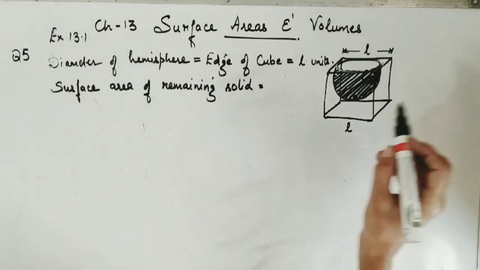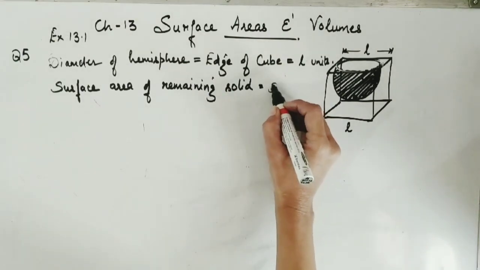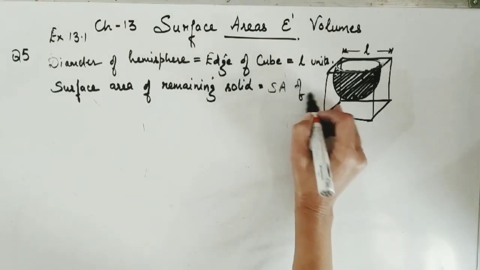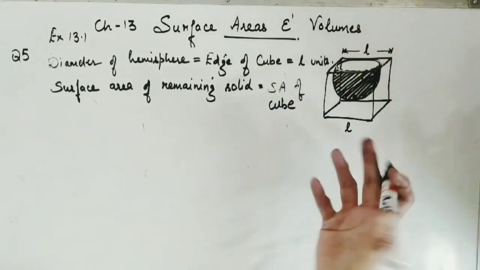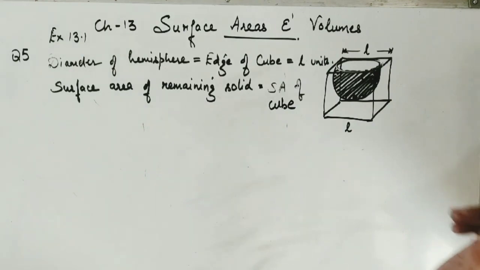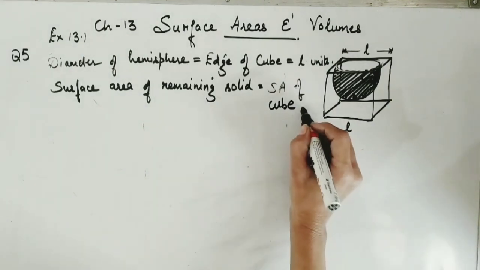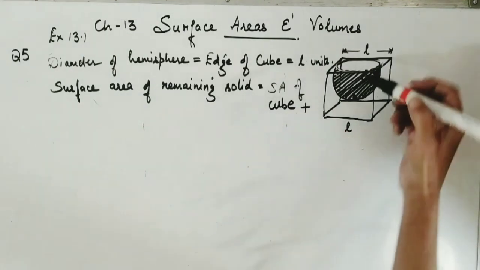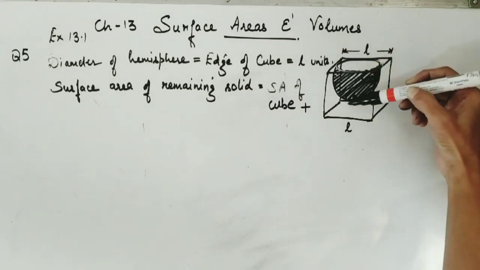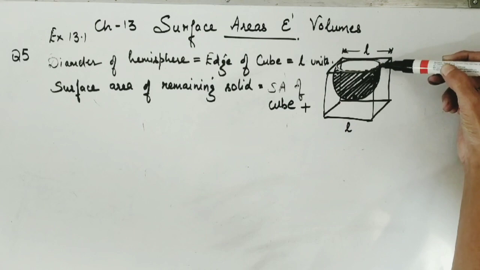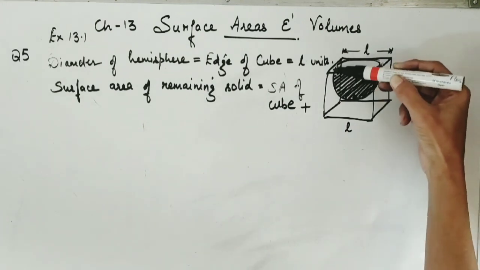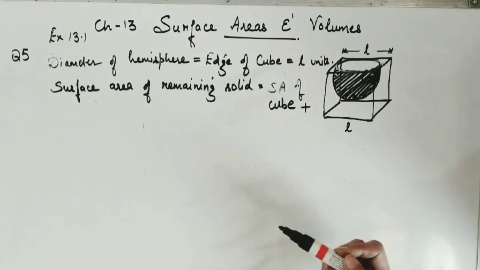Undoubtedly, the first thing is the surface area of the cube. We have that whole cube as such. The surface area of the cube remains there, added to this the depression which is made in the interior, which is due to the curved surface area of the hemisphere.